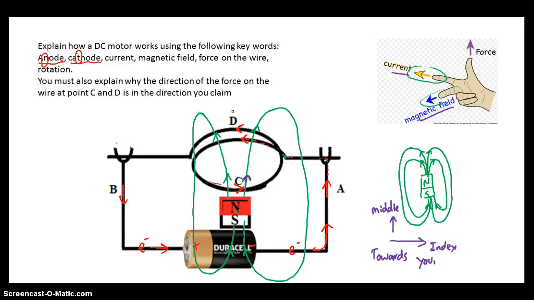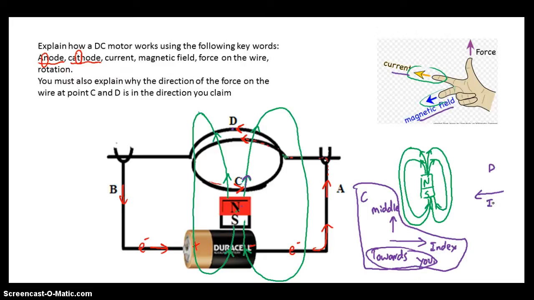If we look at point D, it's a little different. This is point C, and the force was towards you. At point D, we have the current moving to the left. So this is your index finger. Then we've got the magnetic field. It's also pointing up from this permanent magnet.